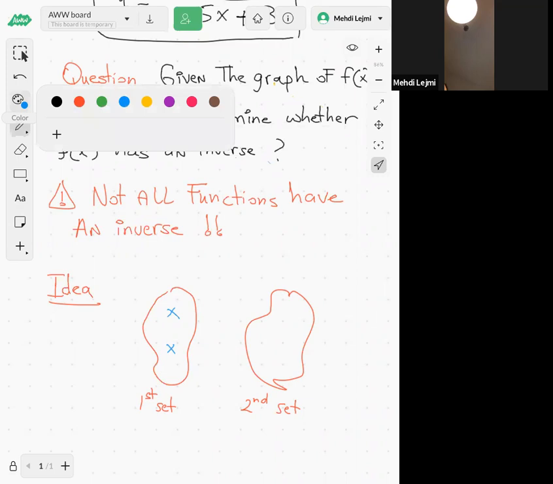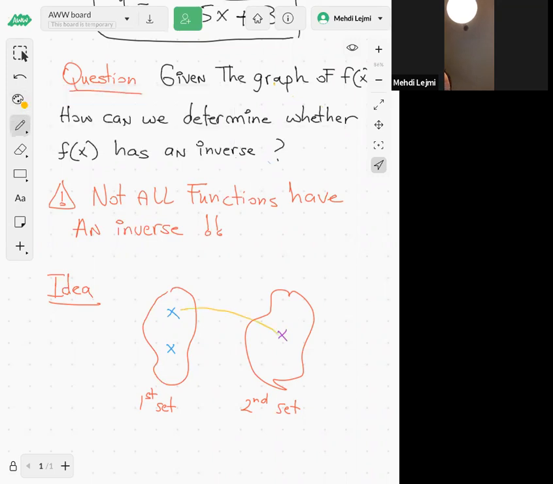And this second set, I have 1 point, all right? And then I have this function f, so my f of x, so this point goes to this one, right? This is my function f of x. And this point here goes to this one, right?